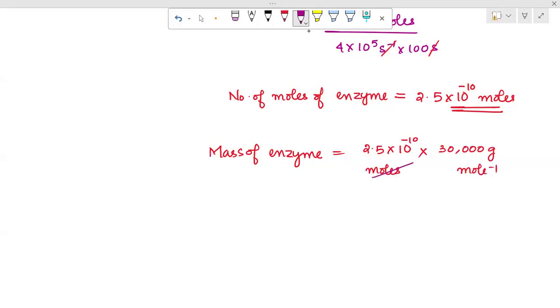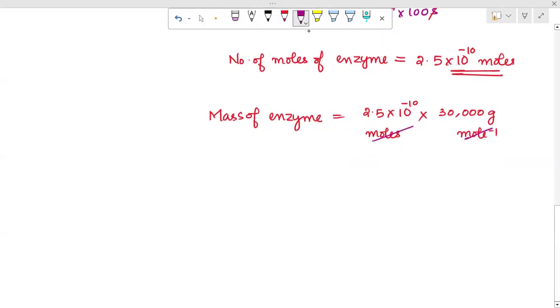So moles and per mole get cancelled, and let's multiply this. What I'm getting is 7.5 into 10 to the power minus 6.